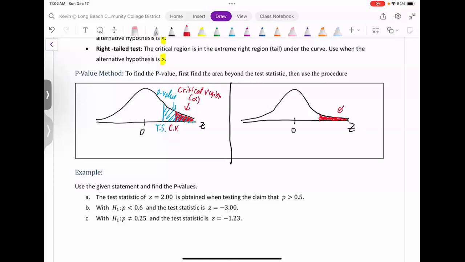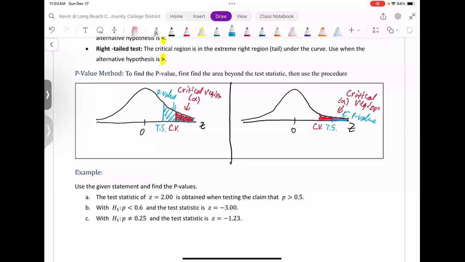So again, this is the critical region, which is our alpha. Again, this will be our critical value. However, in this case, we're going to be way over here with the blue. Again, this is our p-value. And this is our test statistic.